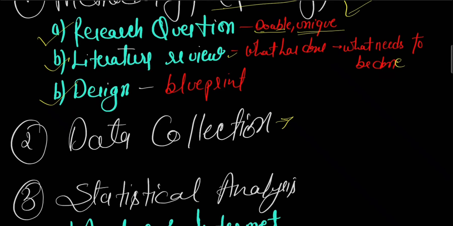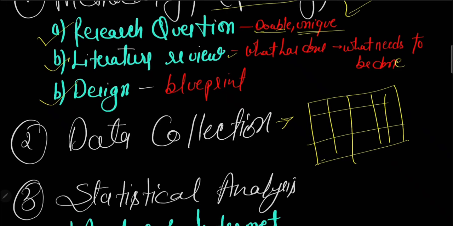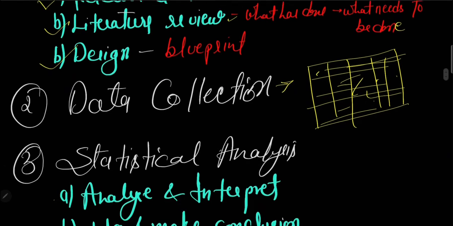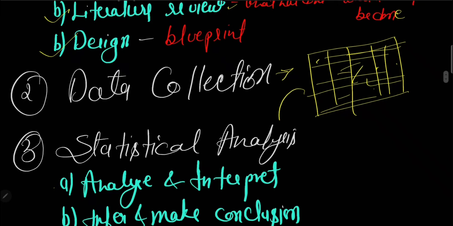Many techniques are there for data collection. When we have collected the data, we'll put it in an Excel sheet. Here will be your variables, your ID, everything, your data.